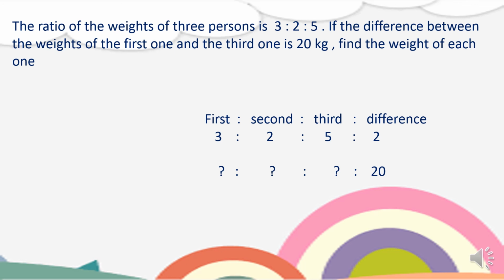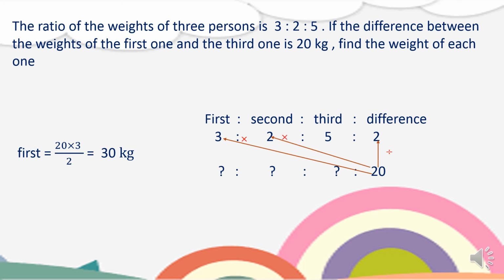Easy, Junior 6? Now what do I do to get the first? I'm multiplying the two numbers facing each other by crossing and dividing by the third. So the weight of the first, 20 times 3 over 2, equals 30 kilograms. The second equals what?